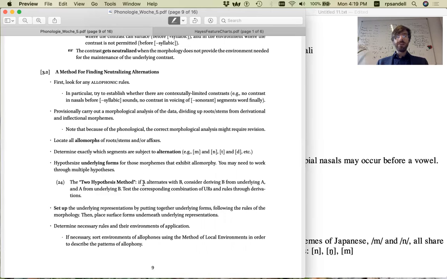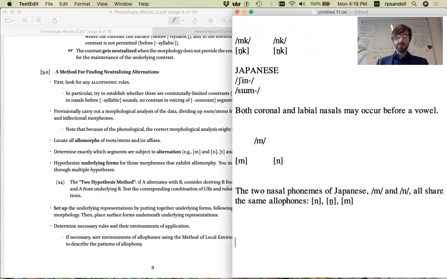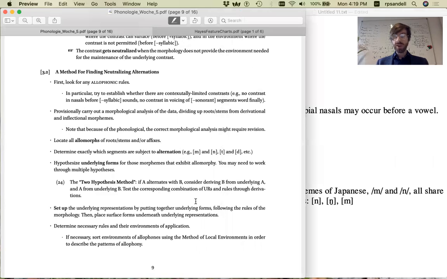So if we find that segment A alternates with segment B, so in the Japanese case, we have an alternation between segments ma and n, and let's call them segment A and segment B, we can make two different hypotheses. We can consider deriving segment B from segment A or A from segment B.